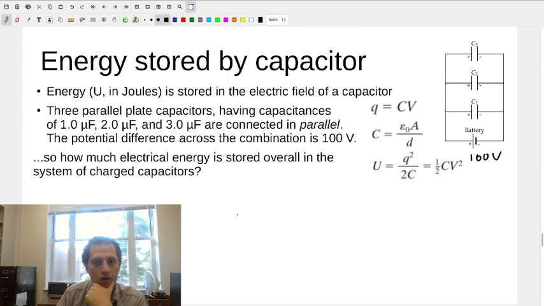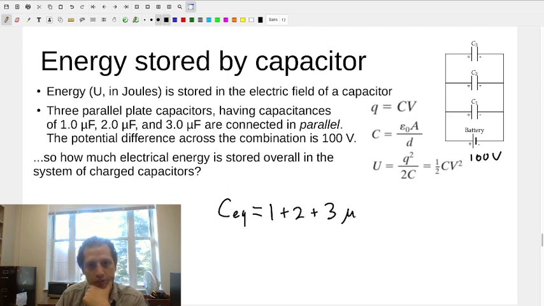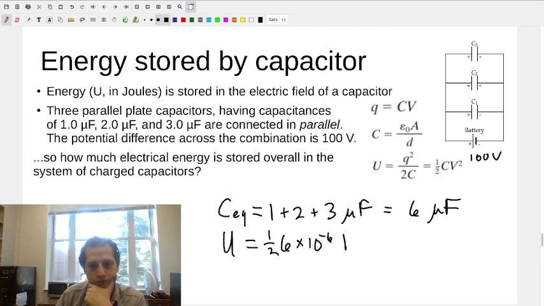On the other hand, you could also use your equivalent capacitance of 1 plus 2 plus 3 microfarads equals 6 microfarads, and then find the energy stored in this whole circuit as 6 microfarads. So I'm going to put in 10 to the minus 6 times 100 volts, and I'm going to have to square that, so I'm going to have 10 squared volts.